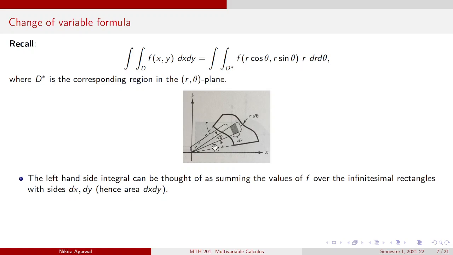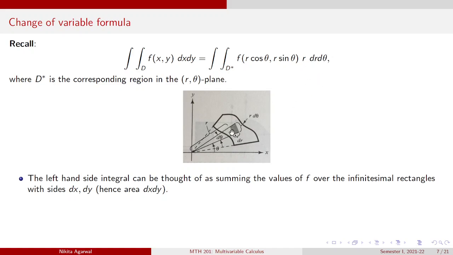Which is r d theta because d theta is the angle and this side is dr. So it's an arc region but it is like a rectangle, right? Whose one side is dr and other side is r d theta. So what is the area of this rectangle? It's r d theta dr, which is this extra term.